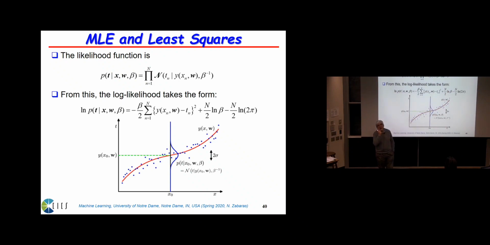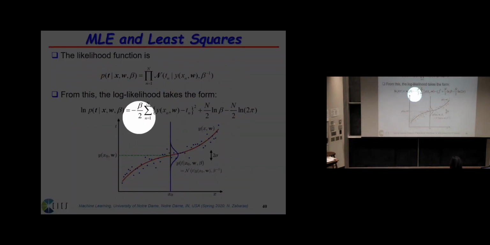So immediately you can appreciate that doing the MLE estimation for W should be the same as doing least squares. Nothing new, right? And you may say, so why are we doing it if it is nothing new? Because progressively, we're going to start adding prior models and see how we can become fully Bayesian. But for now, maximizing the likelihood is the same as minimizing the square error, the square loss function, and so the MLE estimate would be the least squares estimate.